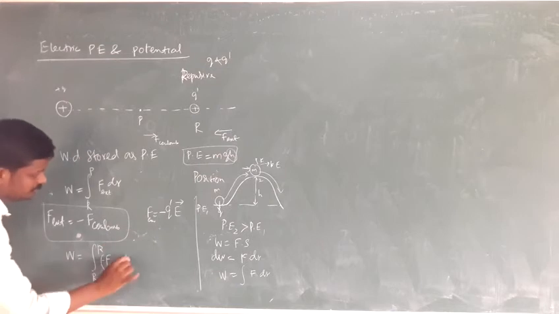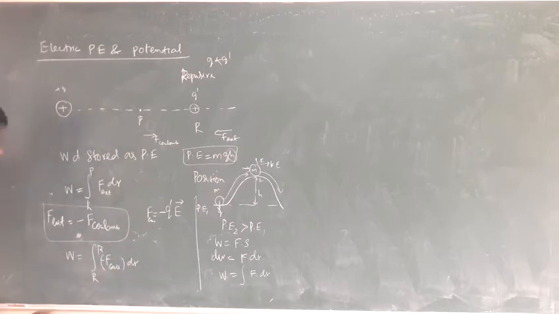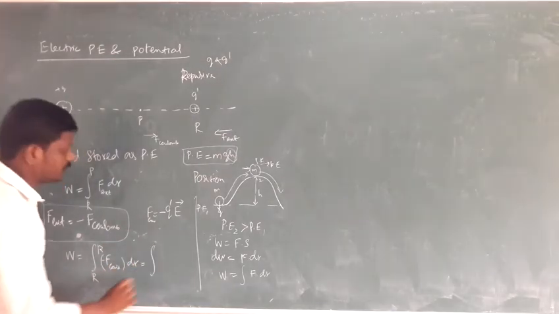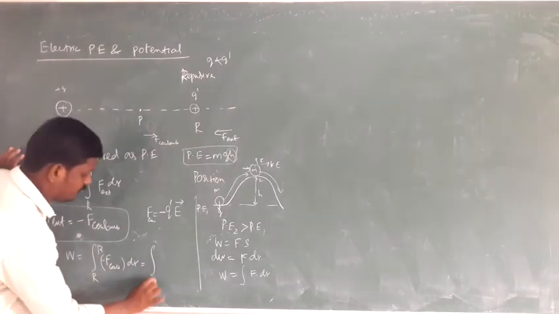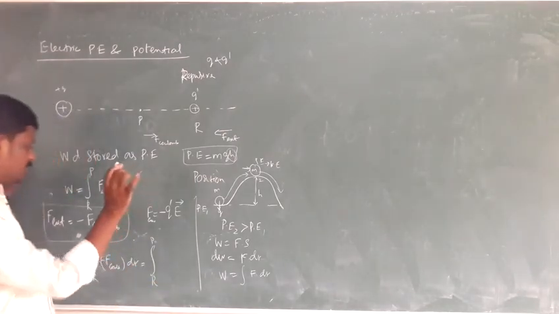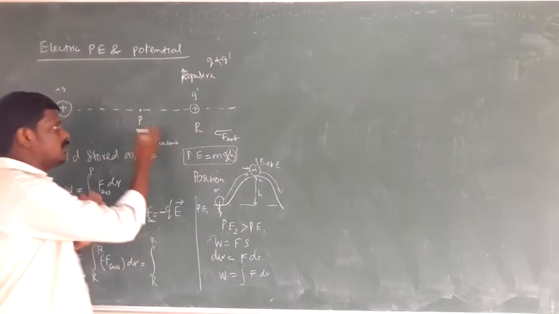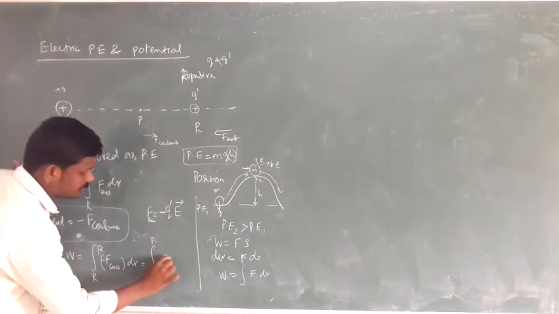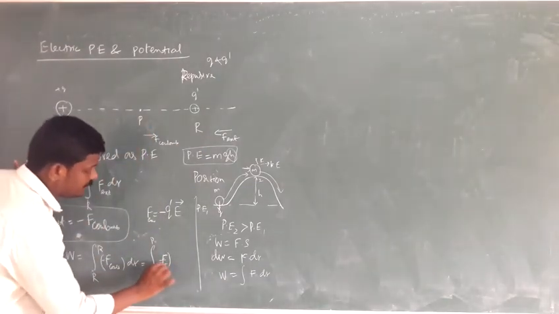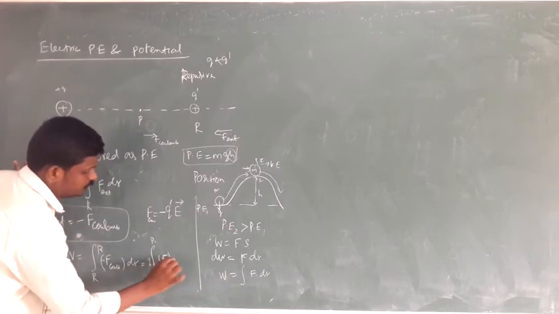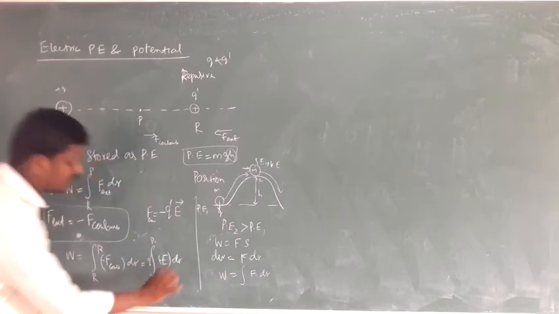F Coulomb is equal to minus Q'E. We are shifting the charge from R to P. So it's minus E, taking out Q', dr.